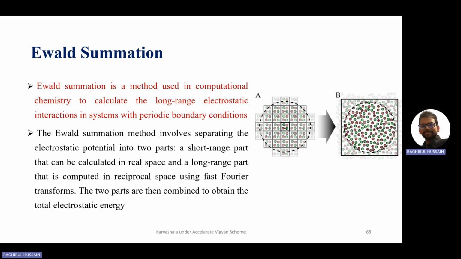I hope you know that periodic boundary condition, right? It has been covered in the MC, right? Periodic boundary condition, so I don't need to explain it. So in the PBC, we have a central simulation box and we create the images. In the central simulation box, the long-range interactions are particle, and for their images, we create the mesh. So those kinds of long-range interactions are particle with mesh.